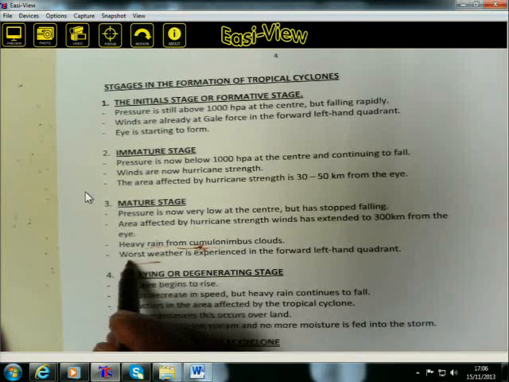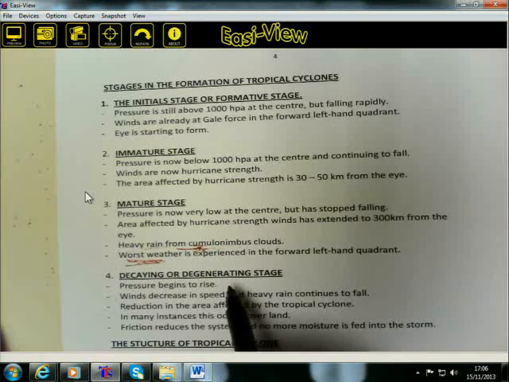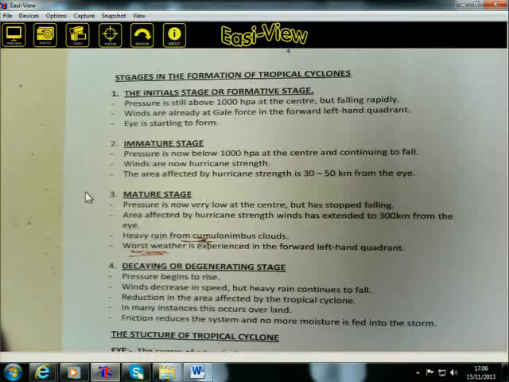And we are experiencing the worst weather in the mature stage, meaning the tropical cyclone has reached maturity. From that stage, there comes the decaying stage, where the pressure, which was far below 1,000 in the mature stage, now begins to rise, begins to increase.